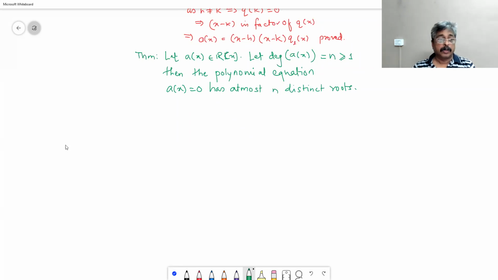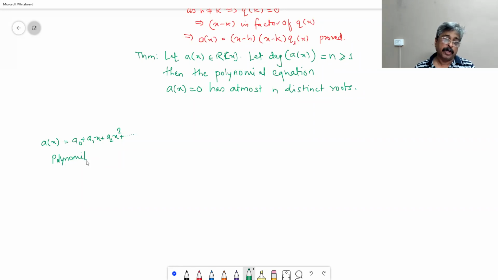Now, a(x), which is looking like a0 plus a1x plus a2x squared plus dot dot dot, where there are finitely many non-zero terms, is called a polynomial.